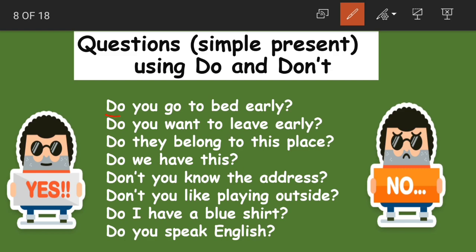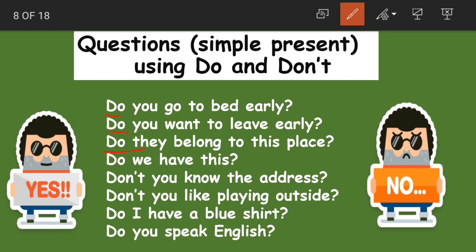Now the second one is, do you want to leave early? You want to go early? And the third one is, do they belong to this place? Are they natives of this place, or are they just living in this place?